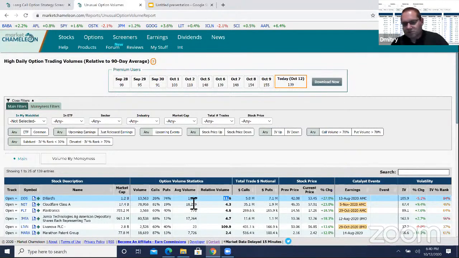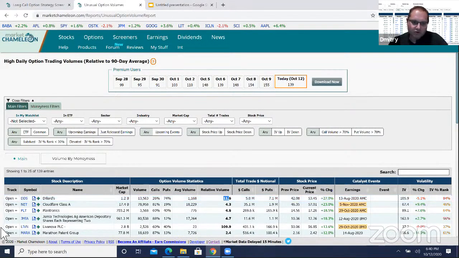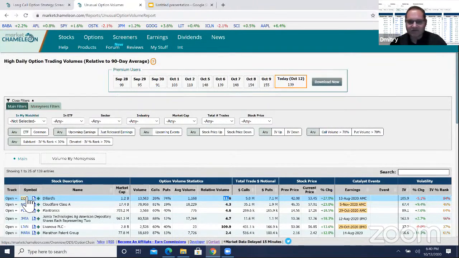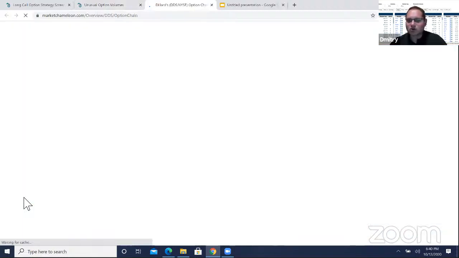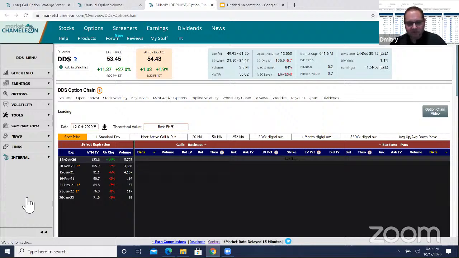But let's screen for a specific option. We would have to go to the options chain here to figure out how that volume is distributed, and whether there's any concentration in a specific option. For example, DDS, I'd have to click on it just to show you how probably most people are doing it right now.